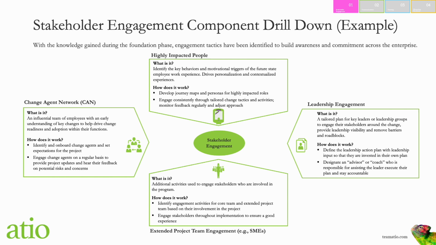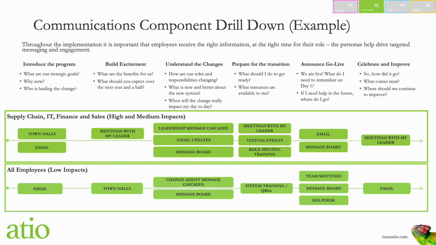The other thing I want to point out on this page is in the top right-hand corner, there's a little navigational icon which helps the reader know which component you're on, particularly if you're doing more than one page on your drill downs. Next, we move into the communications component and what we want to do in the communications area.